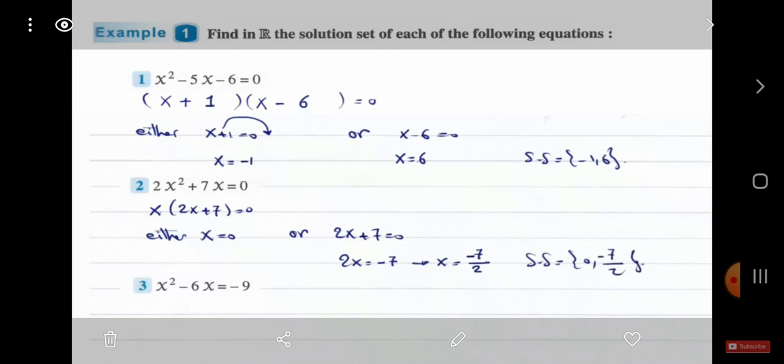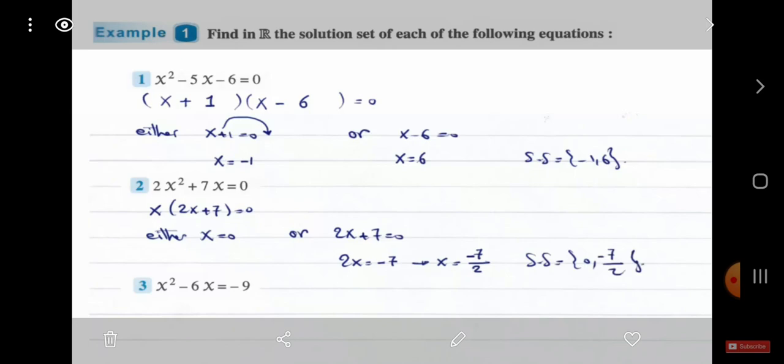Another example, 2x² + 7x = 0. Here we find that we have an HCF, from x power 1 and x power 2. We take x power 1, with the lowest power, as HCF.